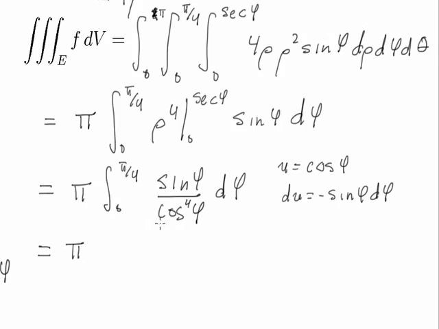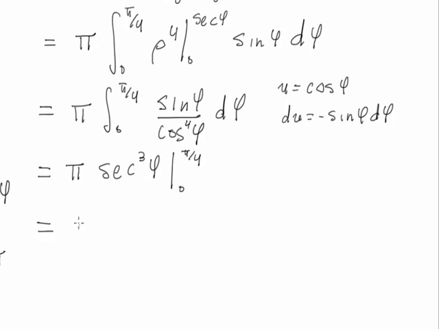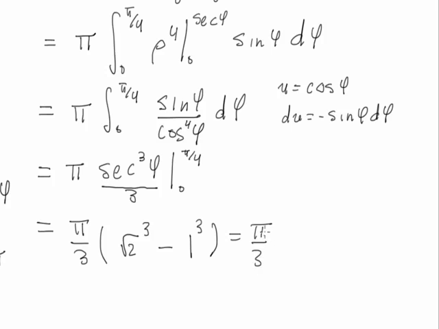And you can check that in the end the antiderivative of this function is actually secant cubed phi over 3, because when I take the derivative I'm first going to get this factor of 3, so I need to divide through by 3. So I get pi over 3, and then secant of pi over 4 is the square root of 2, so I have the square root of 2 cubed, minus secant of 0, which is 1 over cosine of 0, which is 1 cubed. So we have pi over 3 times 2 to the 3 halves minus 1.